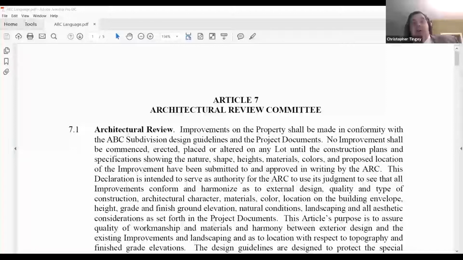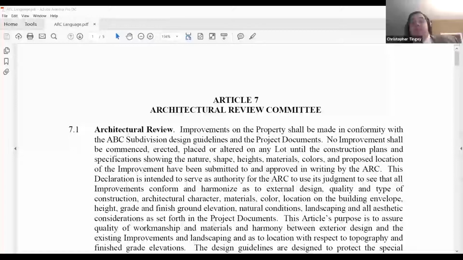I think the ARC decisions ought to be more of a collaborative process. And I recognize that takes time and it's difficult. But when you do that, courts like that because it shows that you're engaged. It shows that you are involved with the homeowner in working through the decision.